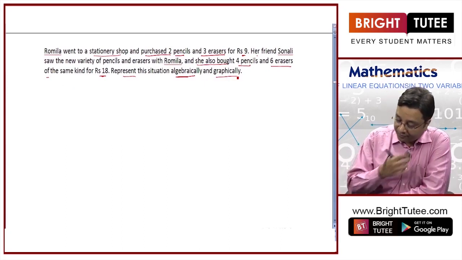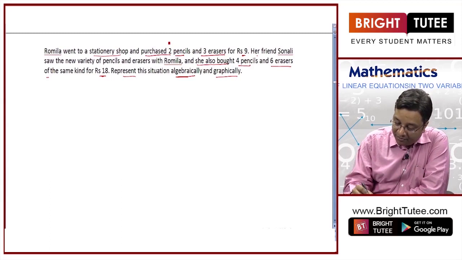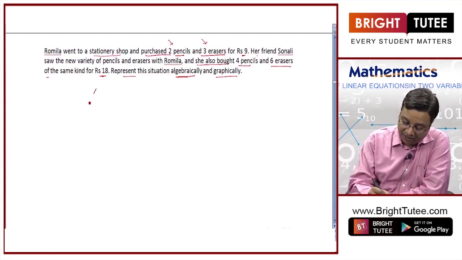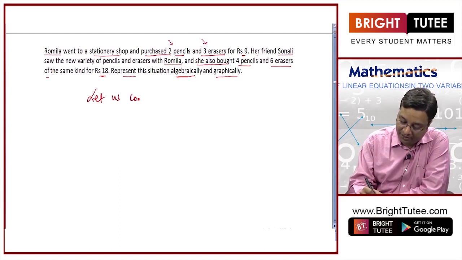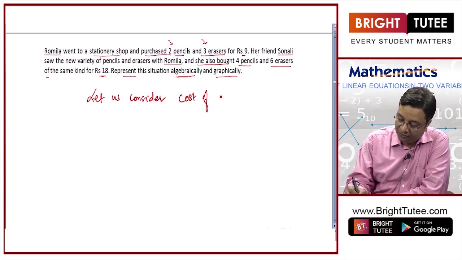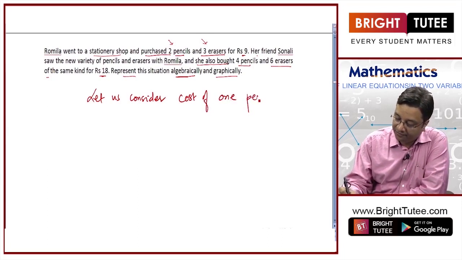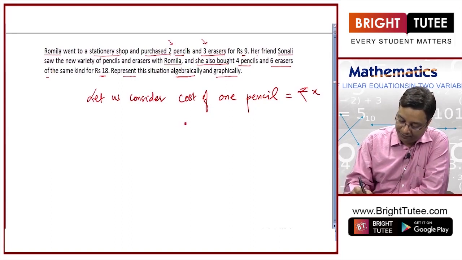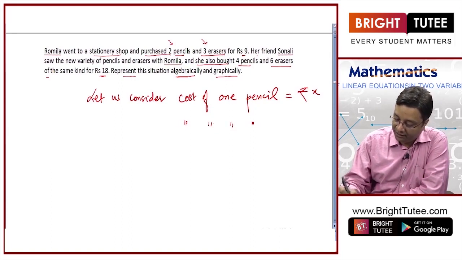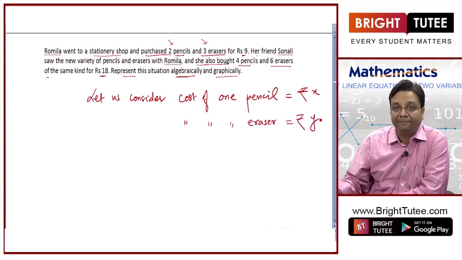Okay. So we are given number of pencils and number of erasers. So let us consider the cost of one pencil as rupees x, and the cost of one eraser as rupees y.